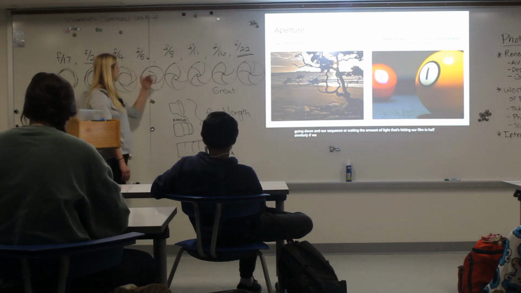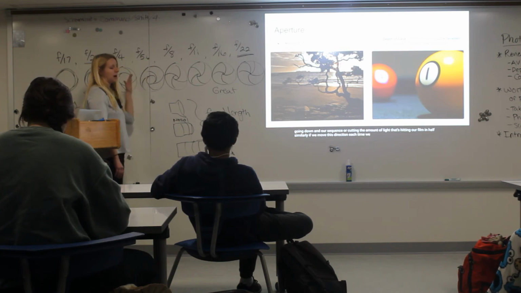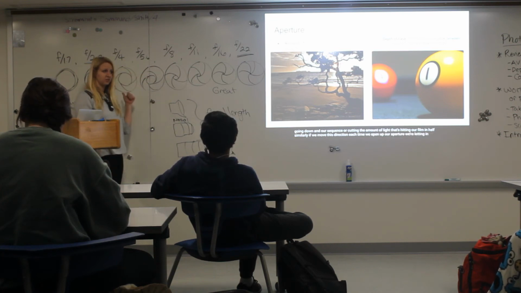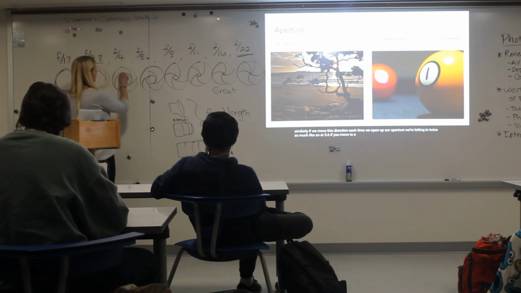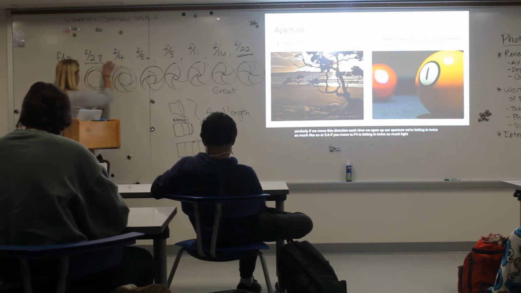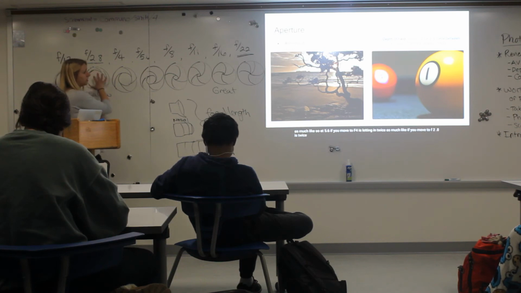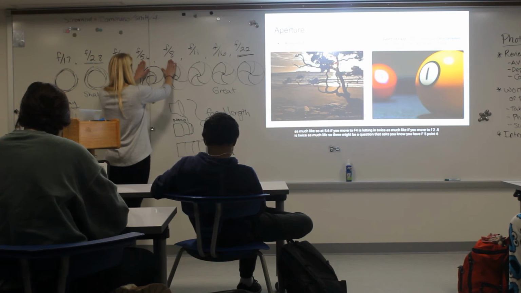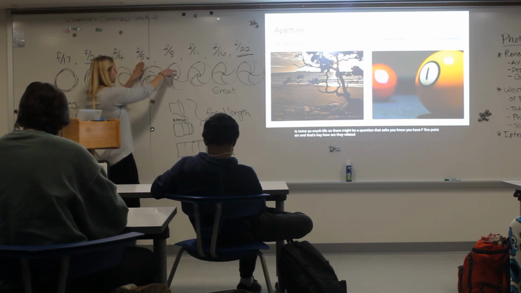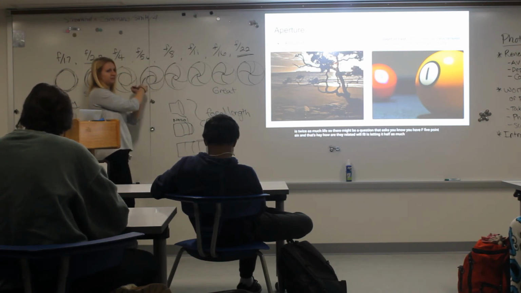Similarly, if we move this direction, each time we open up our aperture, we're letting in twice as much light. So f5.6, if you move to f4, it's letting in twice as much light. If you move to f2.8, it's twice as much light. So there might be a question that asks, you have f5.6 and f8, how are they related? Well, f8 is letting in half as much light as f5.6.